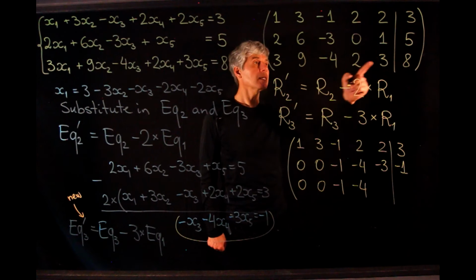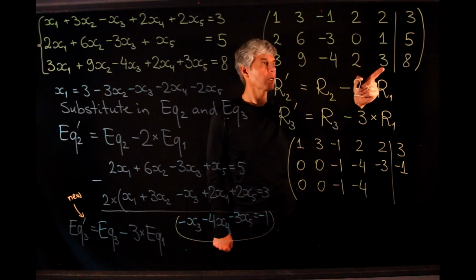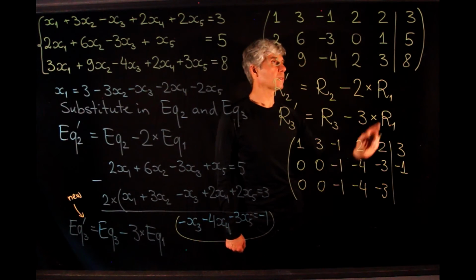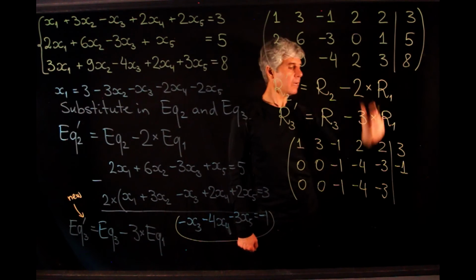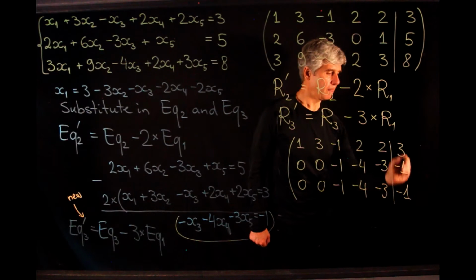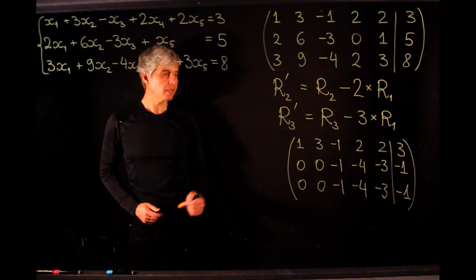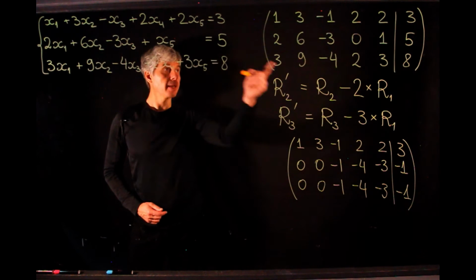And 3 minus 6, that's negative 3. And 8 minus 9, that's negative 1. So we get this. We can go back and forth between systems and matrices.